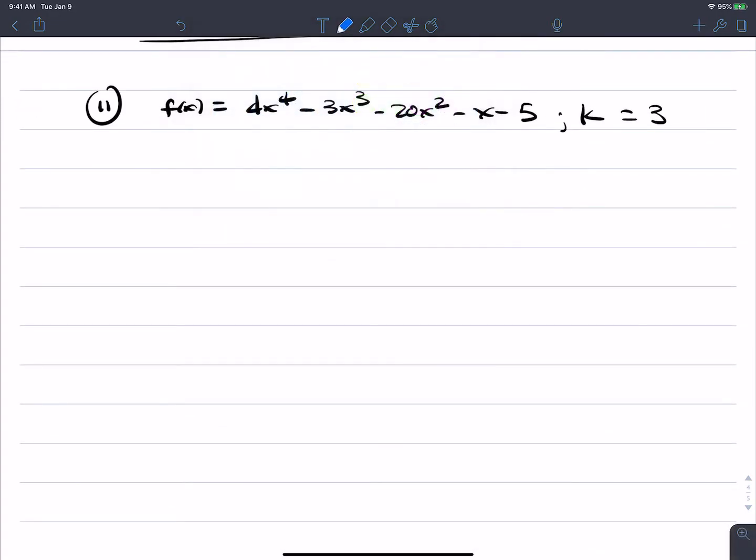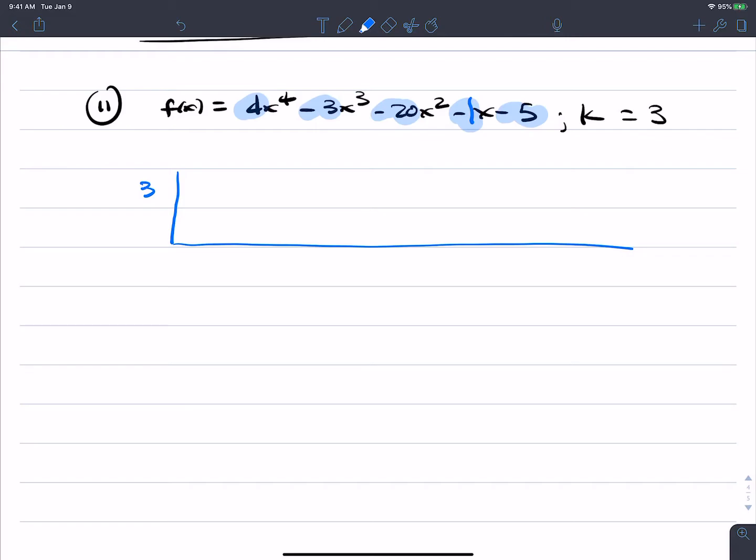So with synthetic division again, k is positive 3. We have to identify the terms: 4, negative 3, negative 20, negative 1, and negative 5. These are the coefficients of my terms.